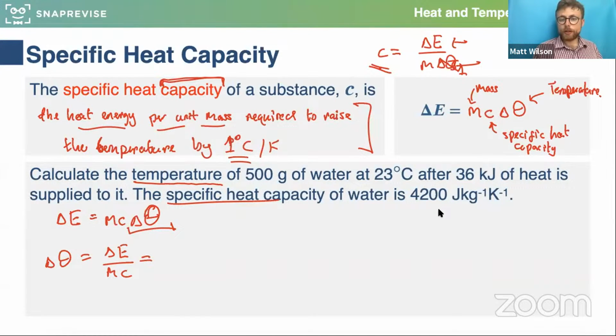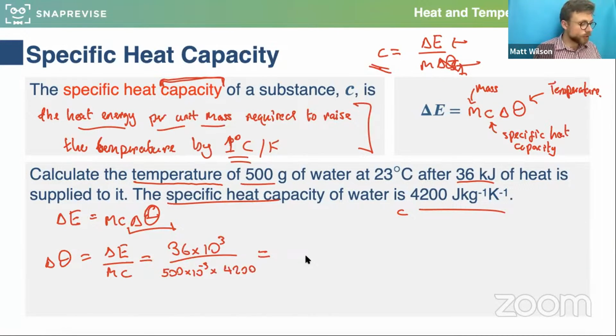This is great because we've been told the energy that went in, 36 kilojoules. So that's 36 times 10 to the 3 joules. Have we been told the mass? Yes, we have, 500 grams, although standard units are kilograms, so it should be 500 times 10 to the minus 3. Specific heat capacity, we were told this here, 4,200.